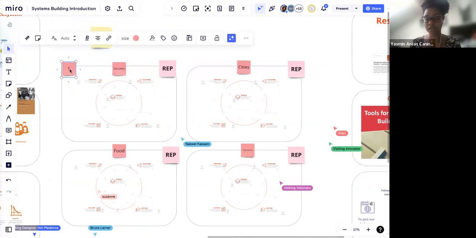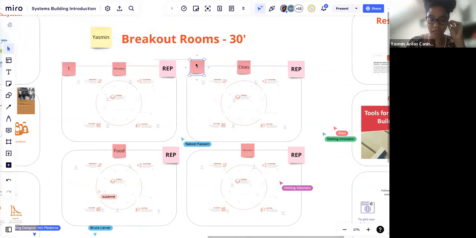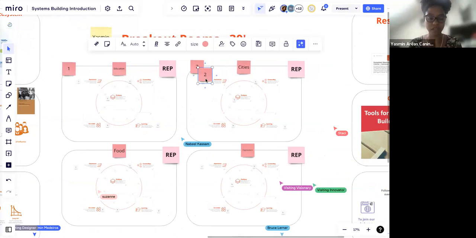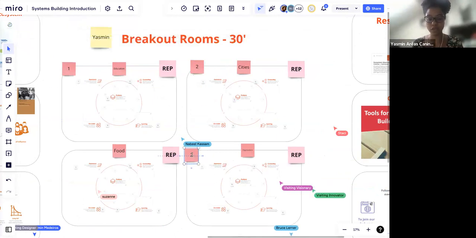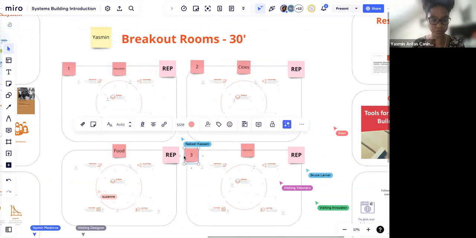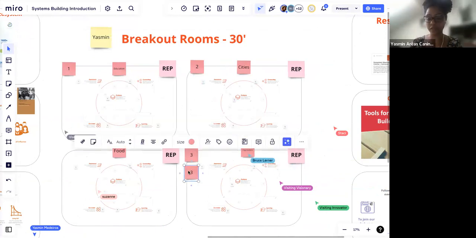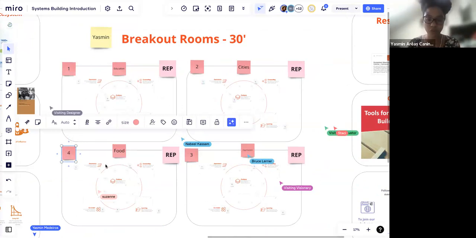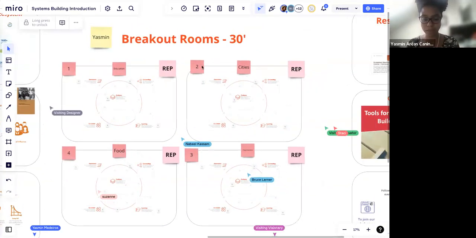So once you get there, as Joss was explaining, you can follow the numbers and try to identify one wicked challenge or one challenge that you would like to address during this quick exercise. We're just going to have 30 minutes roughly.